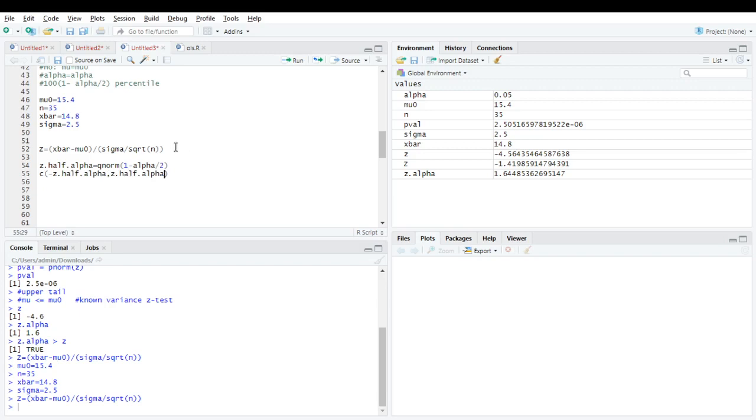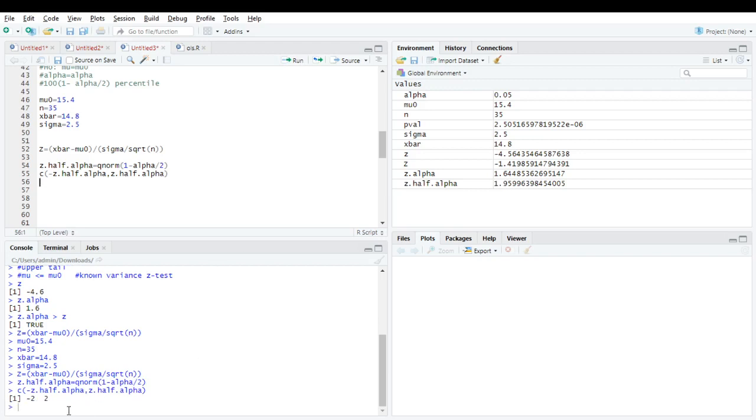Okay, so minus 2 to 2, and your value is minus 1.4194. Okay, so we cannot reject null hypothesis here because our value lies between minus z half alpha to z half alpha.